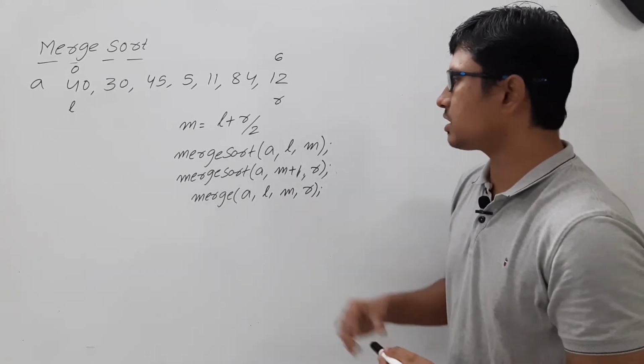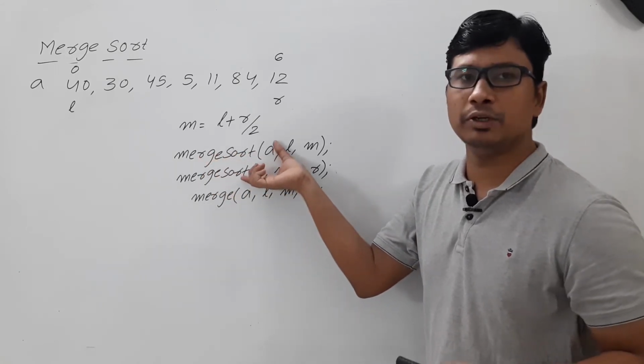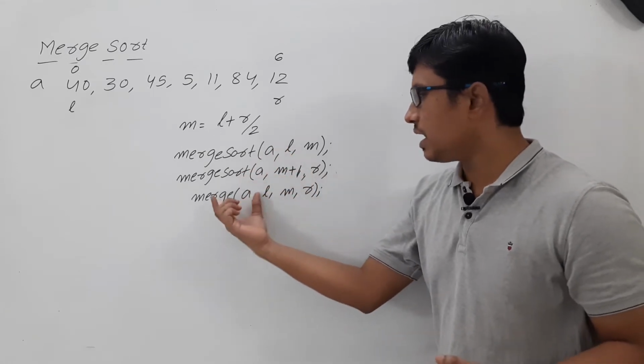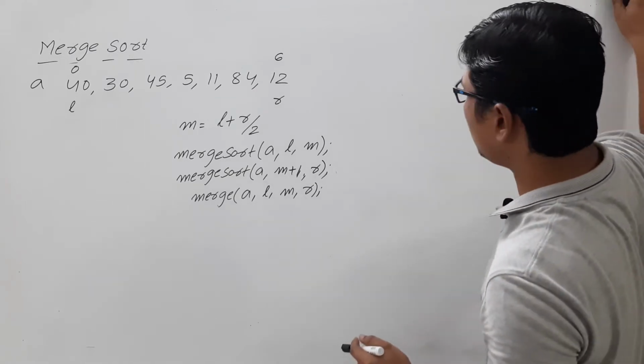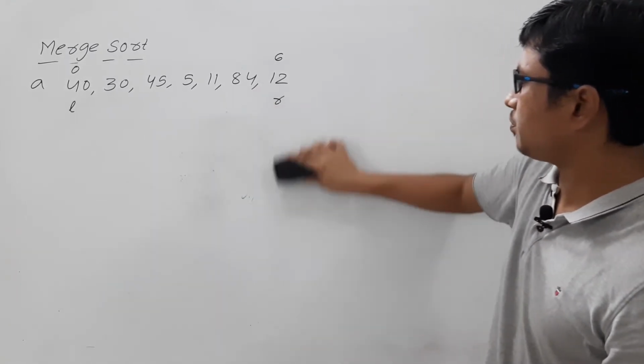So these 3 steps will be performed recursively. These 2 steps are useful to divide the array into sub arrays, and this one is useful for us to perform the merging. So how this task will be performed is that, let me write the pseudo code in a proper way so that you will understand.